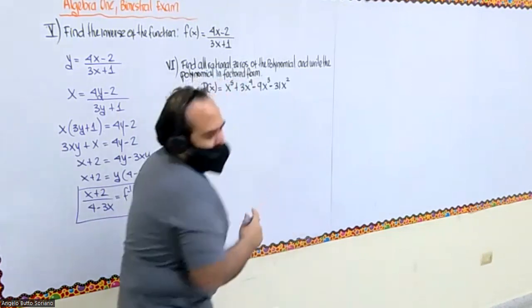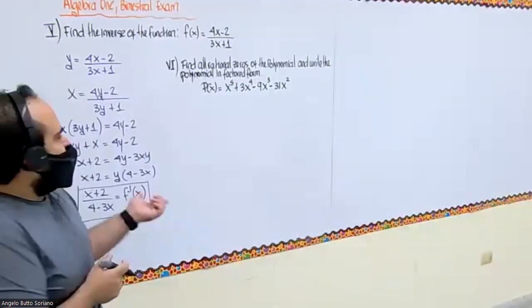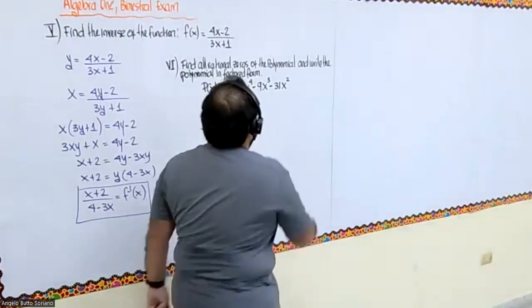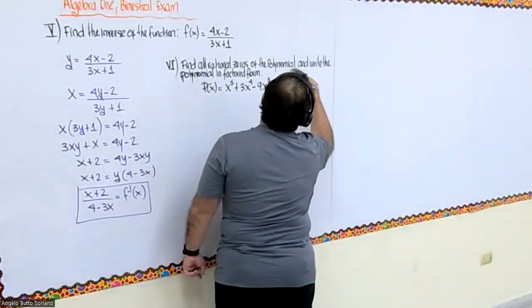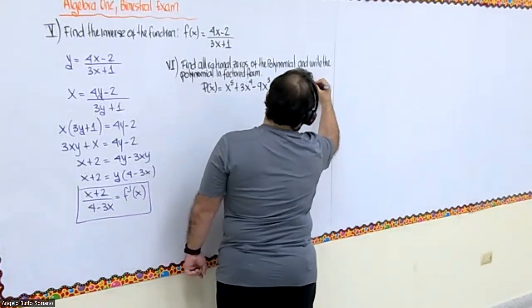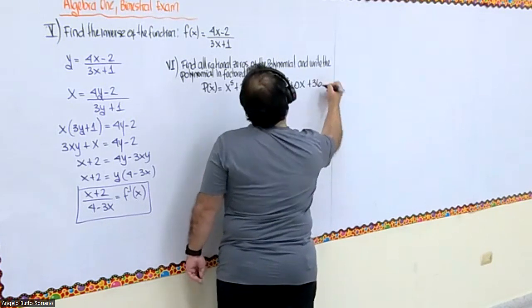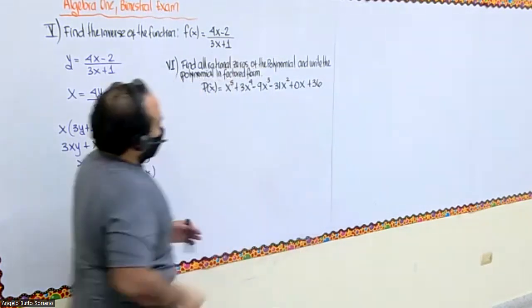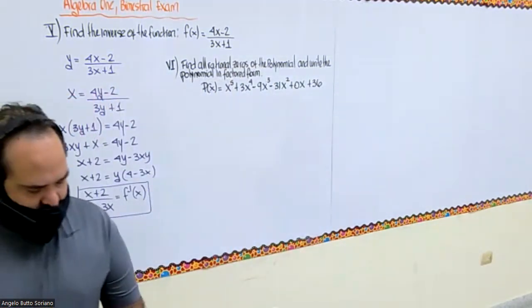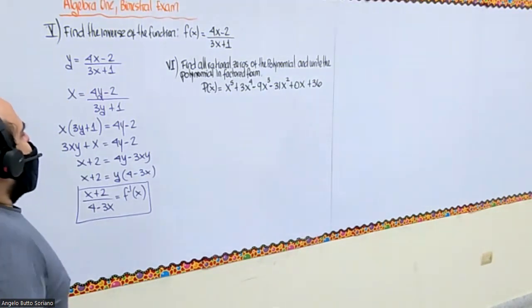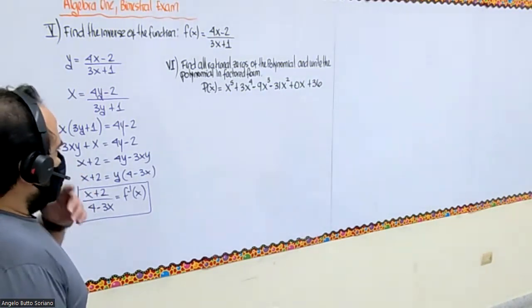And after 31x squared, that's supposed to be 36. But I'm going to complete this one into canonical order. I'm going to add 0x plus 36. Okay, we have the polynomial in canonical order.